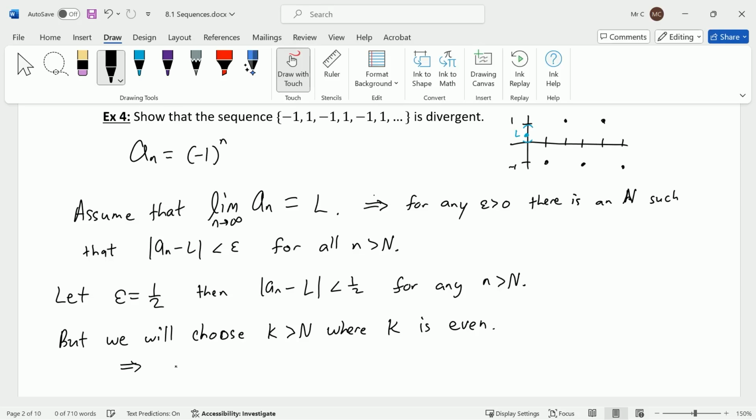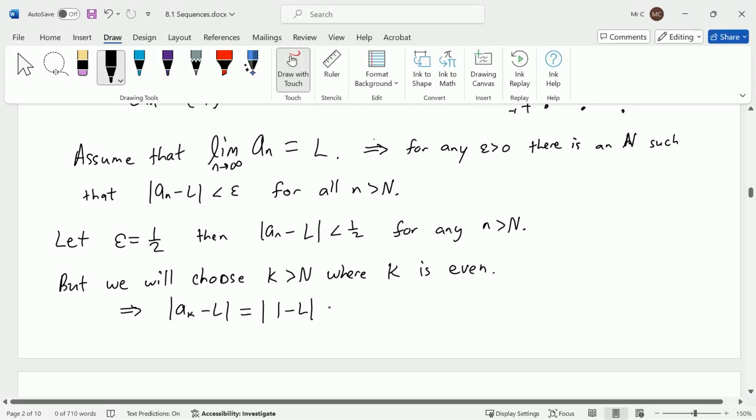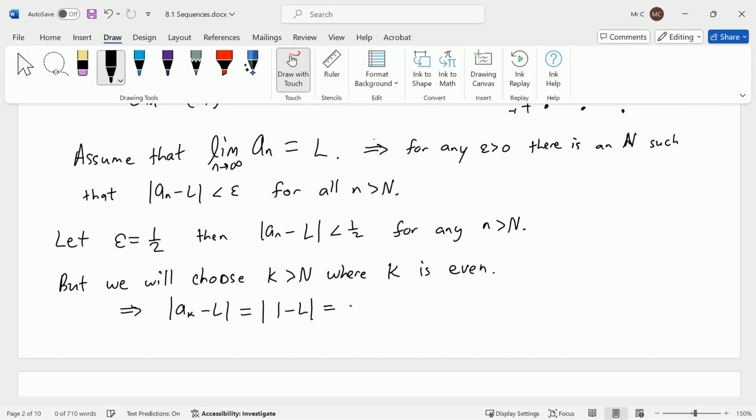Then that implies that the absolute value of a sub k minus L is equal to the absolute value of 1 minus L, and if this limit exists, this should be less than 1/2. Okay, so I have an inequality with an absolute value.